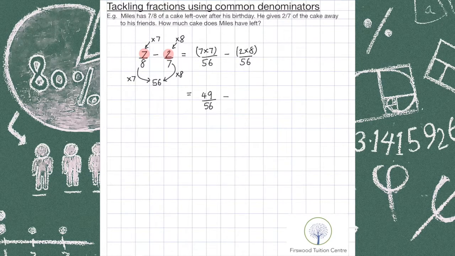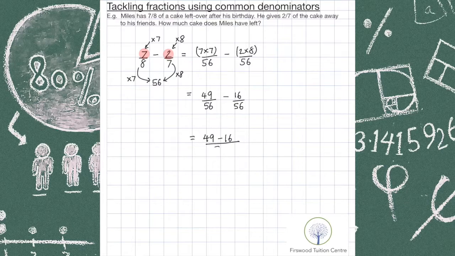I can write this over 56. And 2 times by 8 will also give us 16, which we can write over 56. We now can combine these together to write one big fraction of 49 minus 16 all over 56. This will give us a nice answer of 33 all over 56.